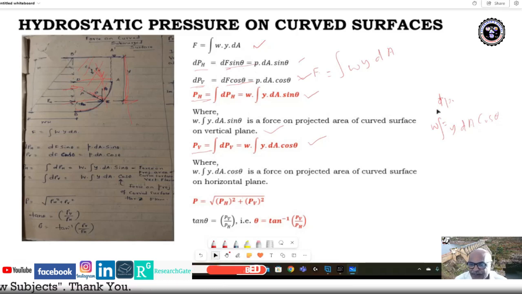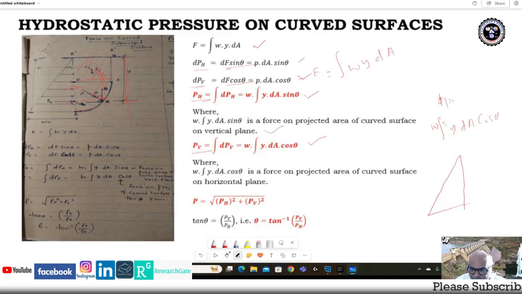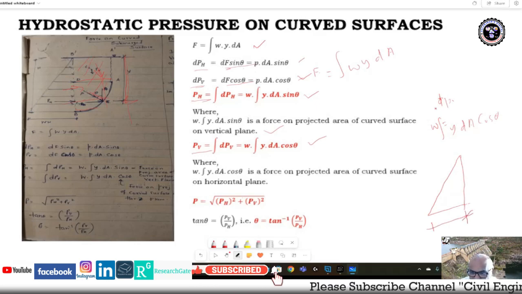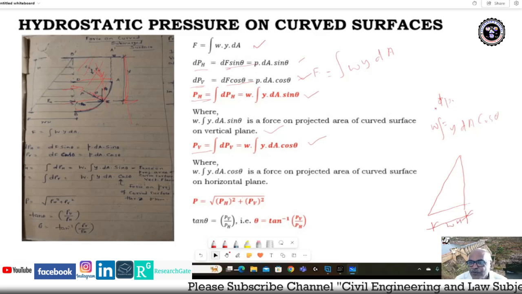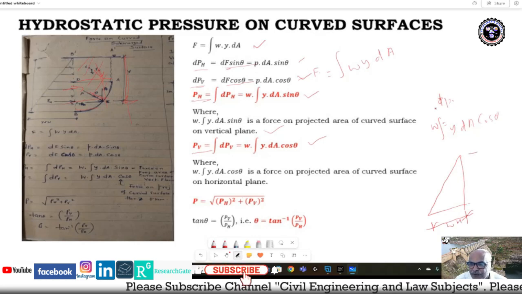So when we take H, this is the triangular force. This magnitude is W into H, and this is the total height of the water from the free water surface.